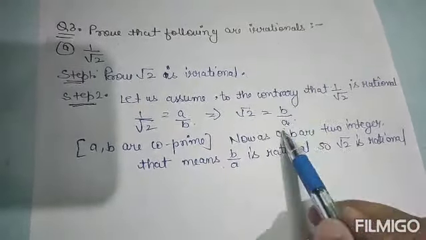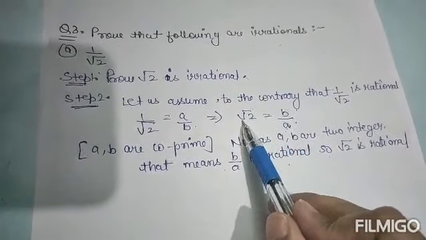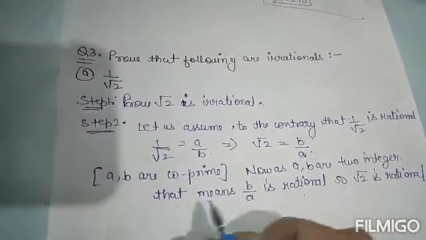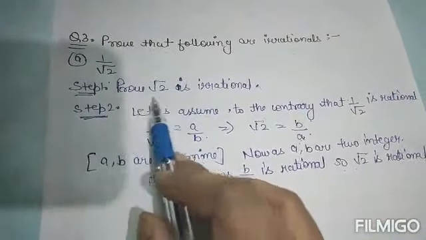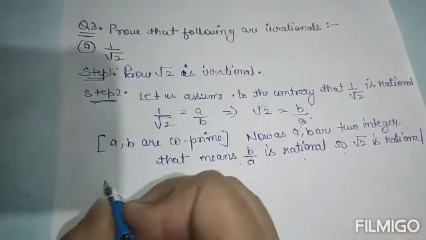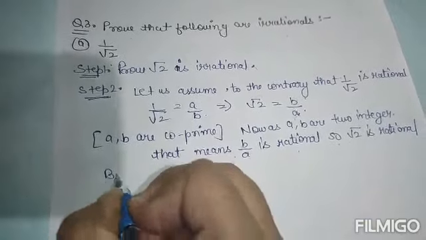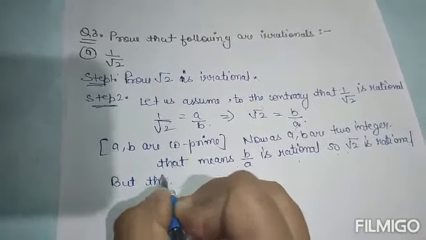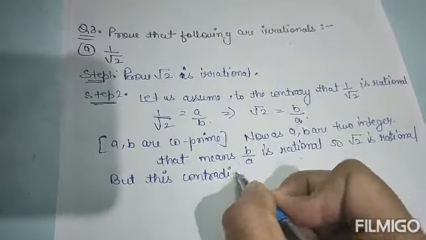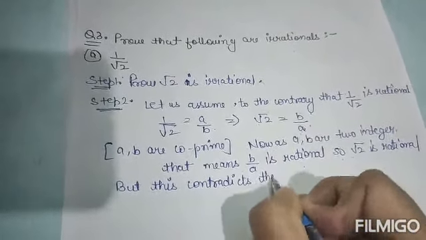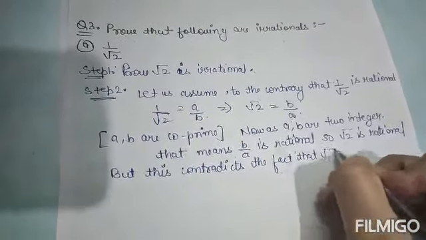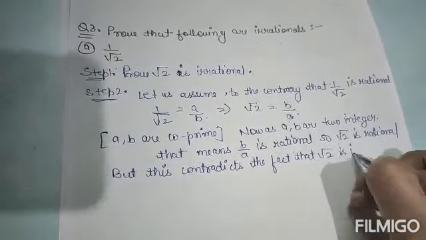So अगर ये rational है, this is equal to square root 2, then square root 2 is also a rational number. And we have already proved in our step 1 कि root 2 is irrational. So, but this contradicts the fact that square root 2 is irrational.